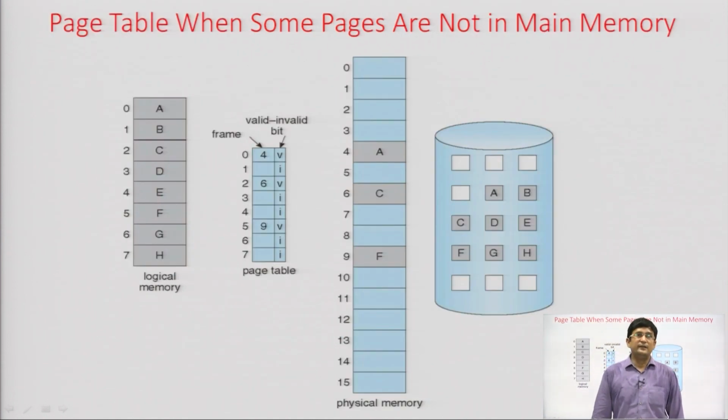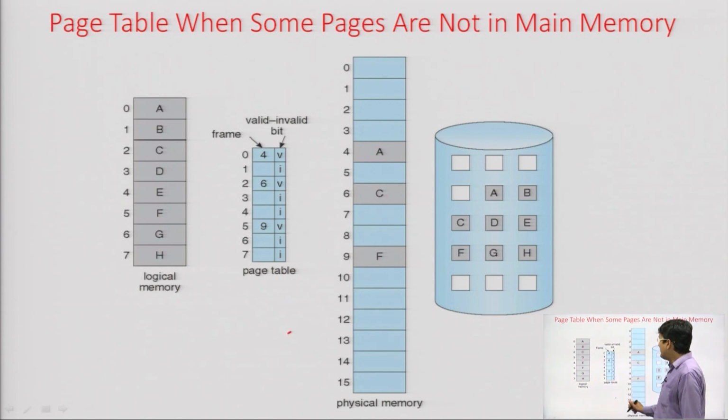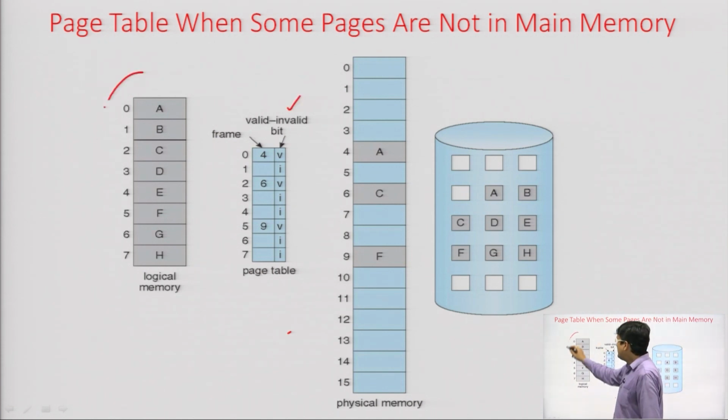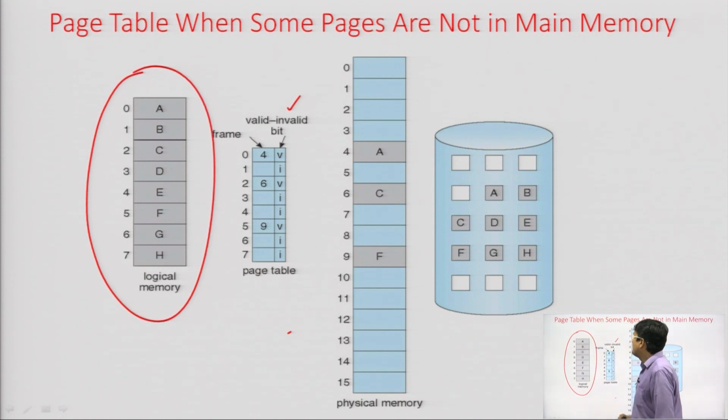Now, to maintain which pages are there in the main memory and which are not, we maintain a page table, and in the page table we can maintain a bit known as the valid and invalid bit. With an example, you can see that this is the process, and in this process there are 8 pages, numbered 0 to 7.